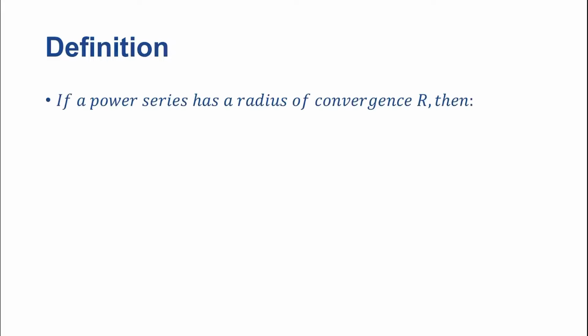So our first definition, and just so you know, a video just like this will be coming out next to discuss how this works with integrals. But here's a definition. If we have a power series that has a radius of convergence r, centered at a, then we have an interval from a minus r to a plus r.